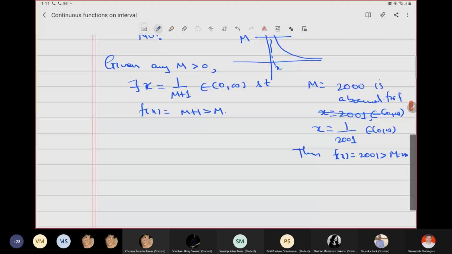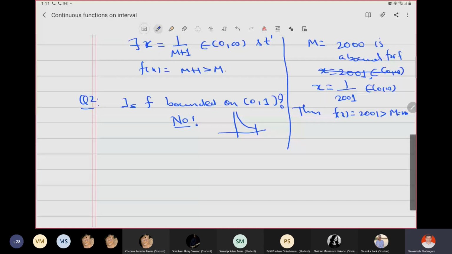Now, the second question I would like to ask is, is f bounded on 0 to 1? Now I am taking a smaller interval. Is it bounded on 0 to 1? No, sir. Still no, right? Because if you look at the graph of the function on 0 to 1, still the problem is near 0.